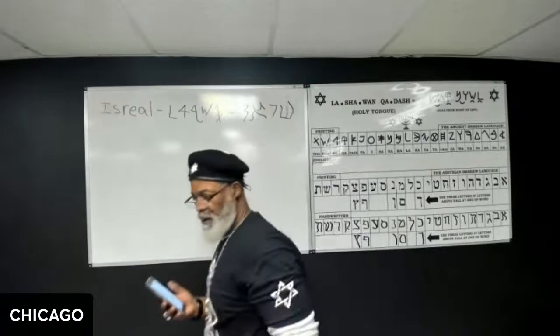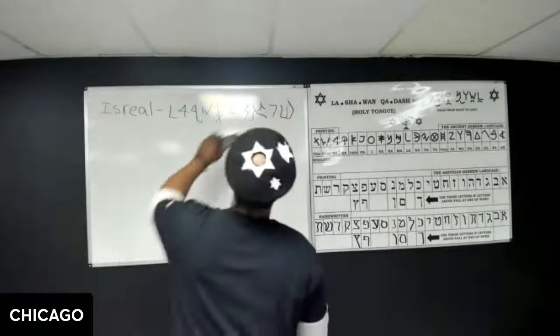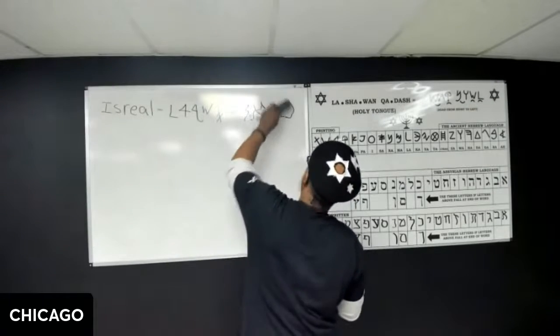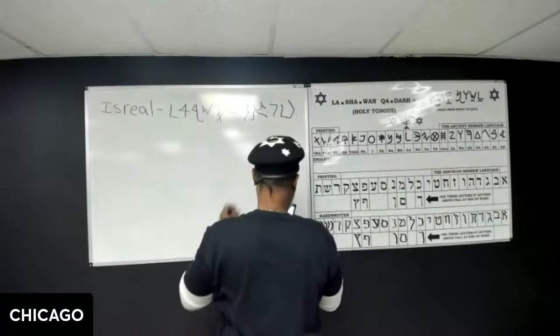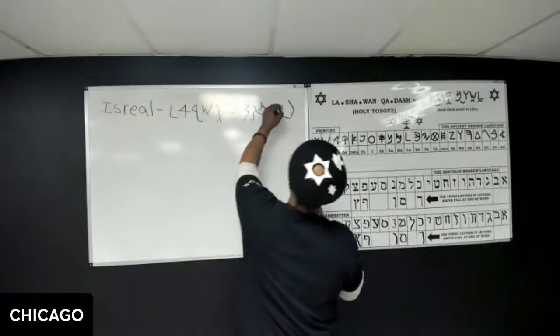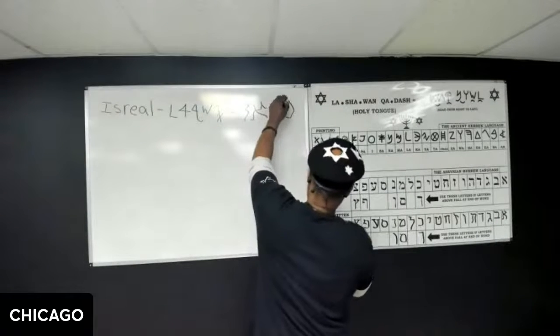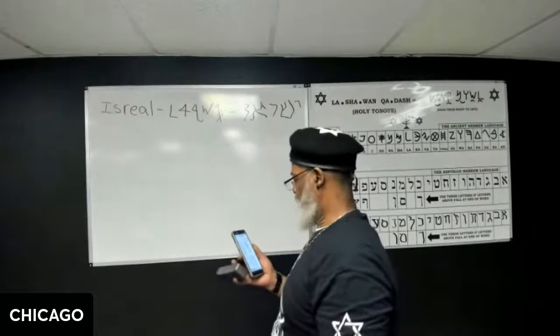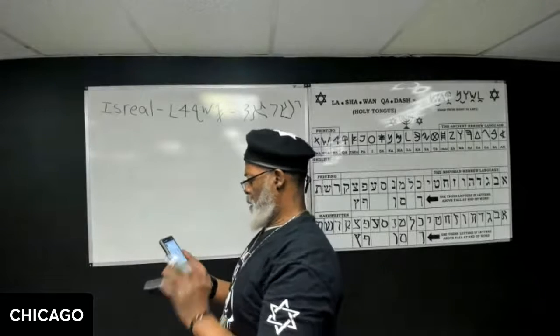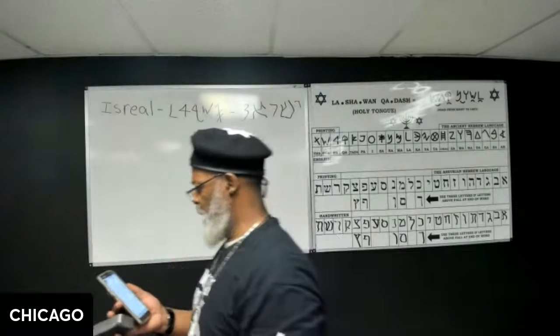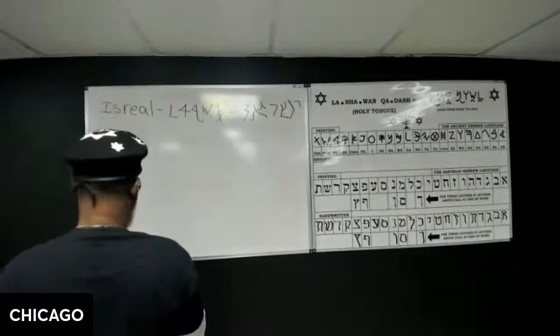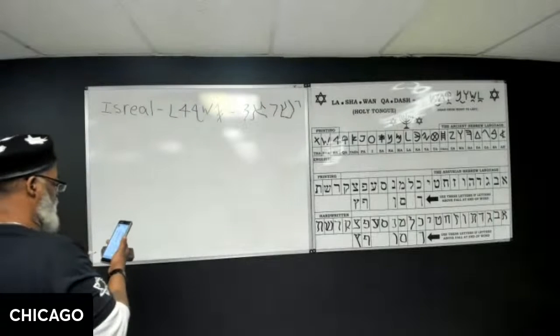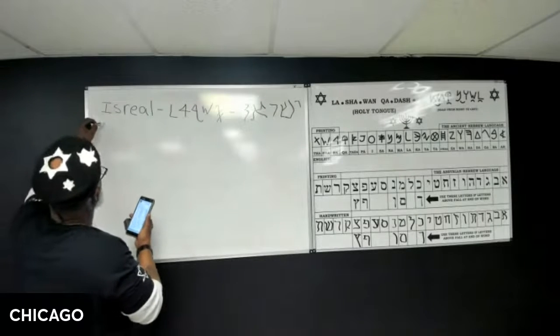Okay, that's Israel. The biblical and Hebrew names for the nations and the characters. That was Israel. Next, we're going to do Edom.